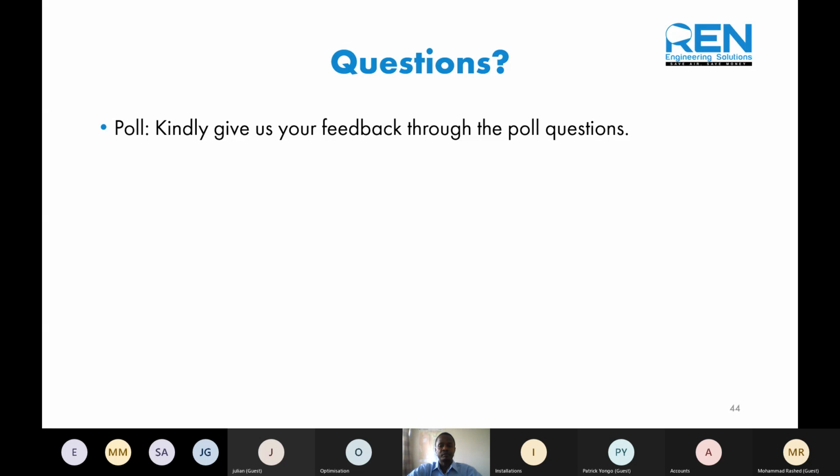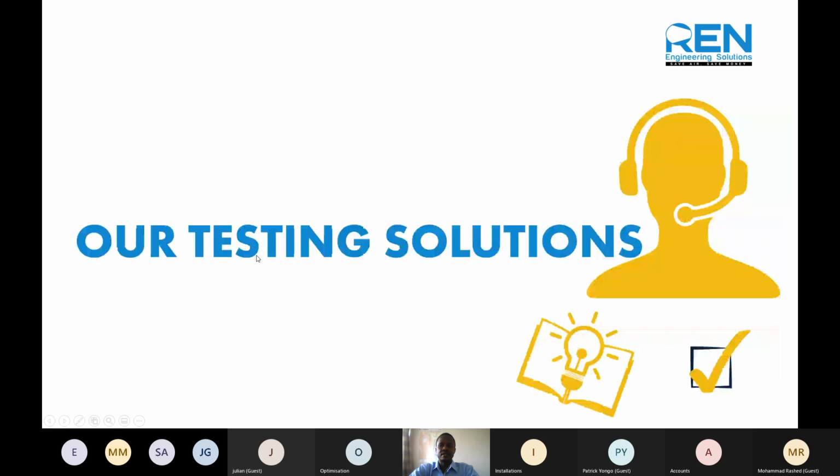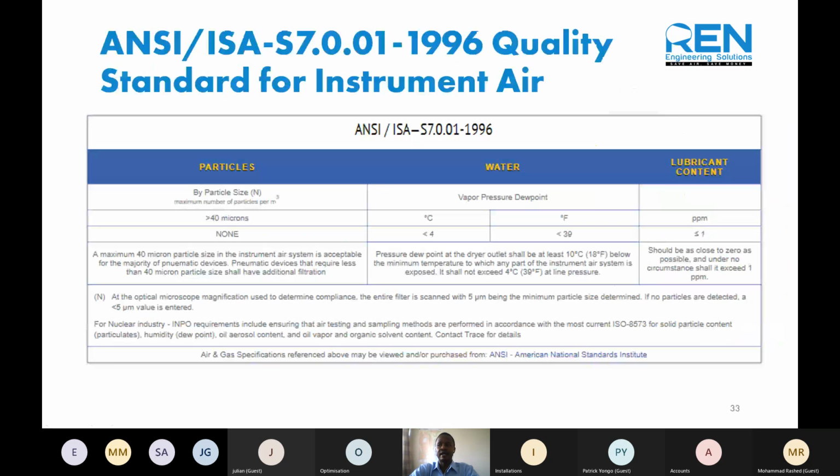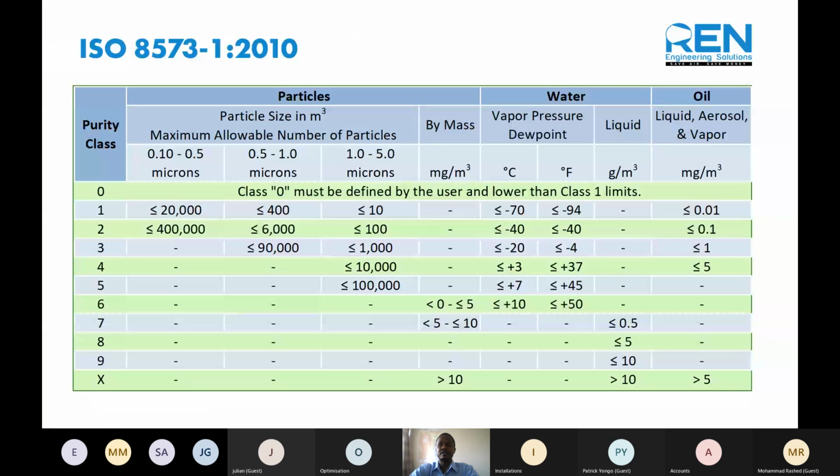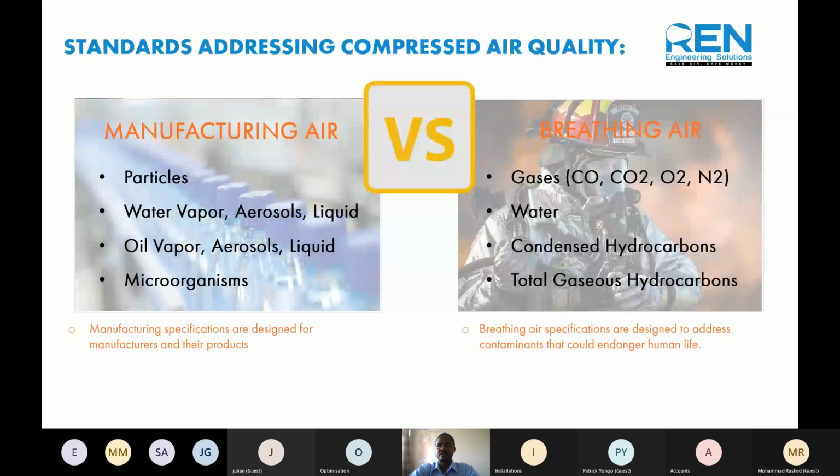So we have another question from Patrick regarding the performance of filters between 0.2 and 0.1. A lot of this performance is more an issue from the manufacturers of these filters, but I think the guidance that is there from SQF states that you should get a filter that offers at least 99.999 efficiency.